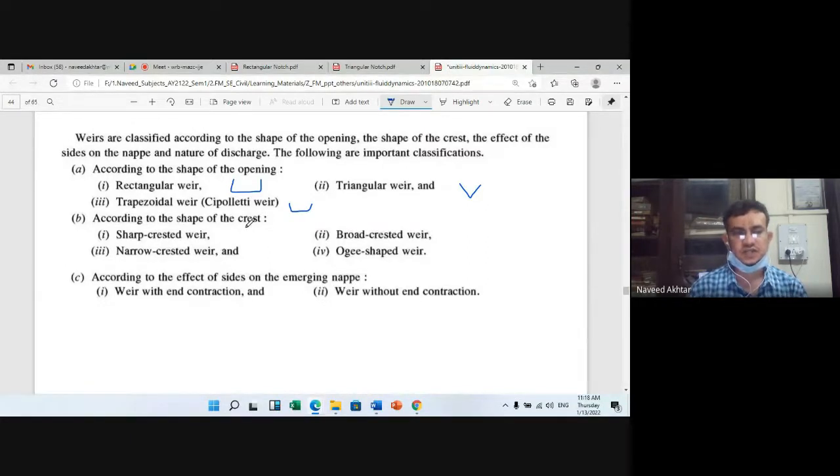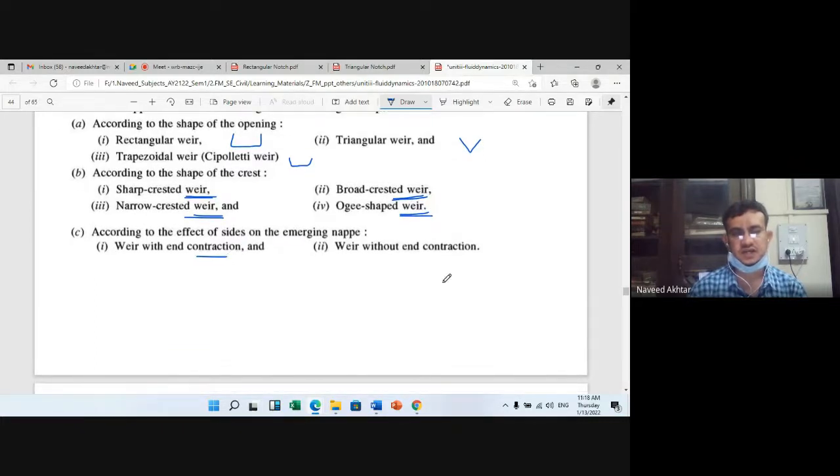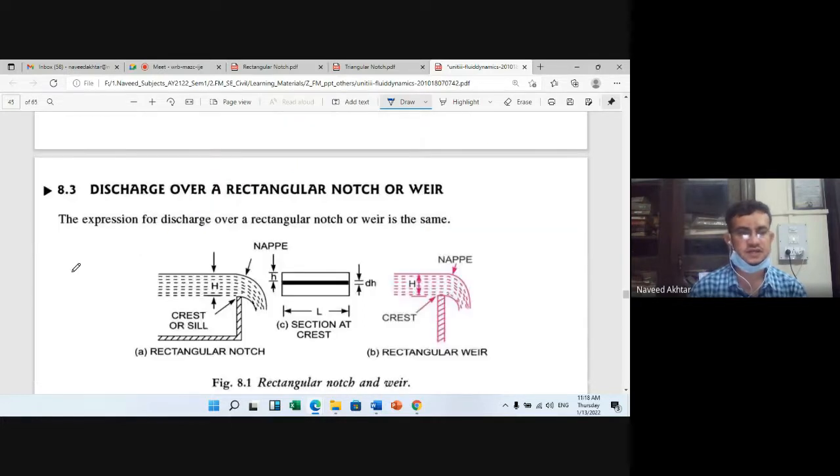And according to the crest, it can be sharp crested, narrow crested, broad crested when the length is too large, and ogee shaped, with end contraction or without end contraction.